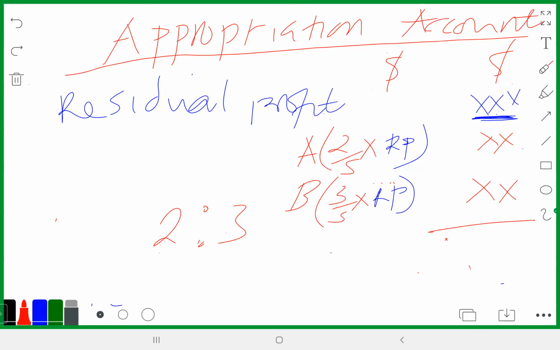Now, when you add these shares that they have shared, these two values are supposed to be equal, right? What you find here on total when you add this, it should equal the residual profit. So the residual profit should equal the sum of these two.